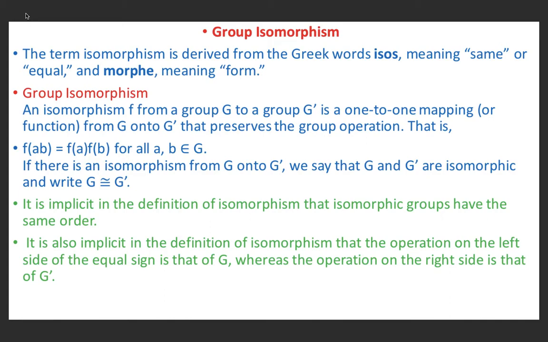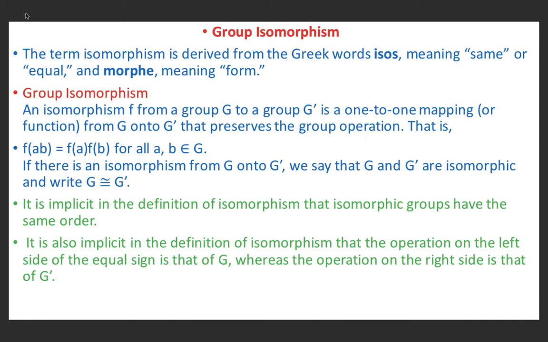So an isomorphism f from a group G to a group G', is a one-to-one mapping from G onto G', and that preserves the group operation. That is, f(ab) is equal to f(a) f(b), for all a, b belonging to G.